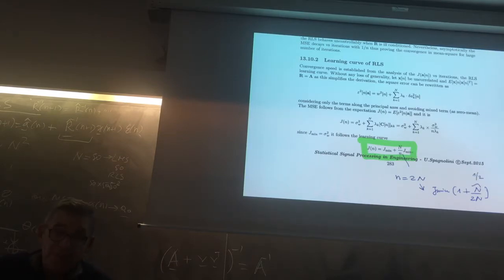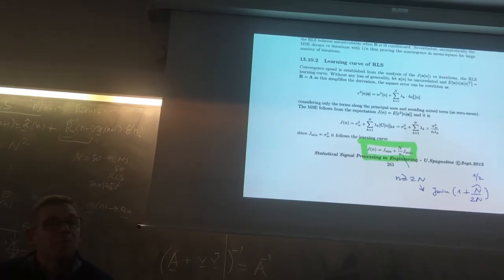So it's enough that n is larger than 2 times capital N for this one to be negligible, since it's smaller than 1/2. So it's 1 plus 0.5, which starts to be negligible. This sets approximately the number of iterations to reach convergence: the number of iterations equal to 2 times the length of the filter.